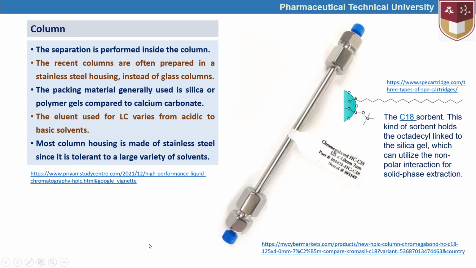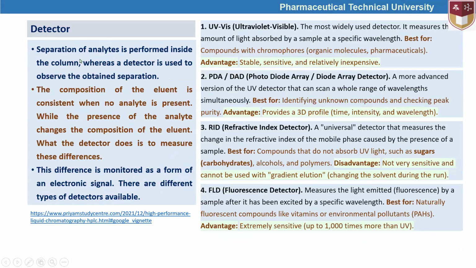Next, detectors. Detectors can be different. They are used to identify and quantify the compounds based on the retention time and flow rate. Separation of analytes is performed inside the column, whereas a detector is used to observe the obtained separation. The composition of the eluent is consistent when no analyte is present, while the presence of an analyte changes the composition of the eluent.